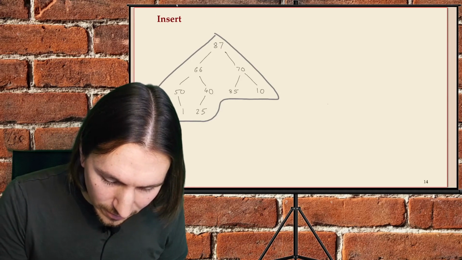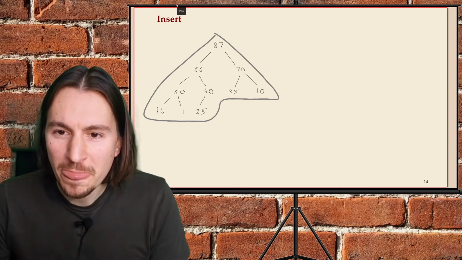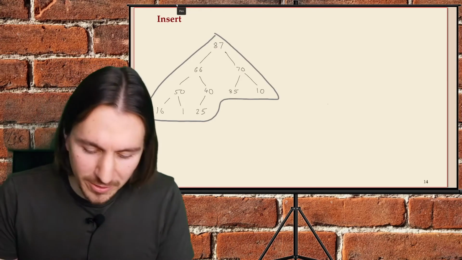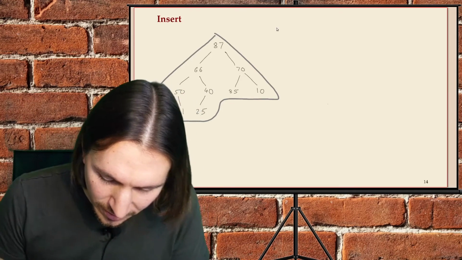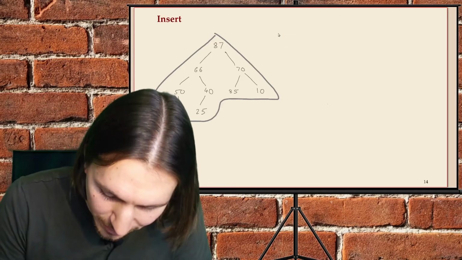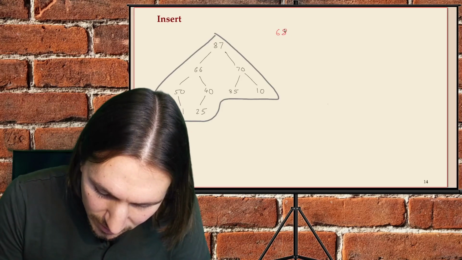All right. So here's our binary heap. How can we insert a new element? Say we want to insert the number 68, say.